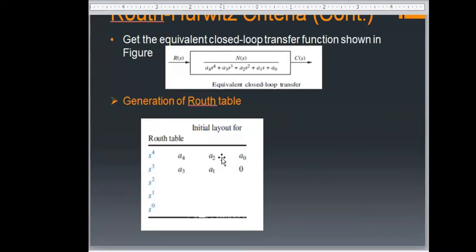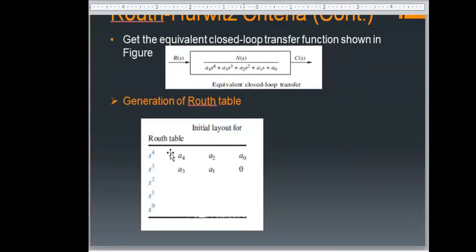Then here on the upper side is S2, basically S4, then alternate values, or even values, you write on one side: S4, S2, S0, S3, S1, and this value will be 0 because it's going on the other side.